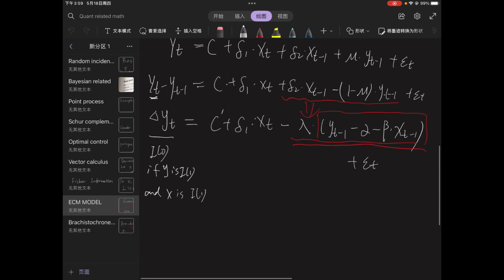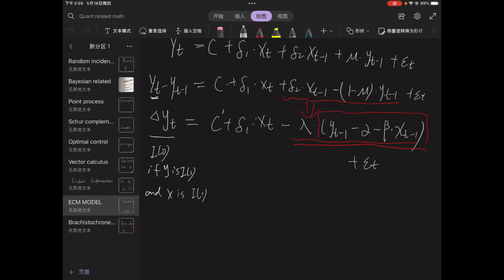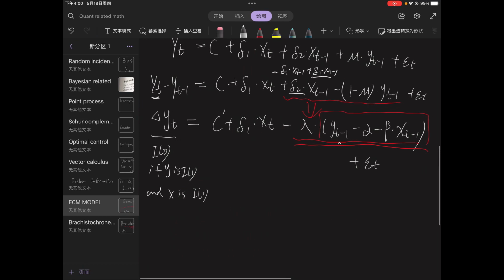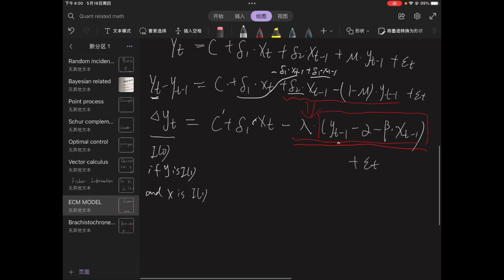Here I can minus delta 1 times xt minus 1 plus delta 1 times xt minus 1, then combine these two terms to be here. So it does not matter. If this is I0, then this term is delta xt, so this term is I0. And for that term, because we have the equilibrium, that term is also I0.